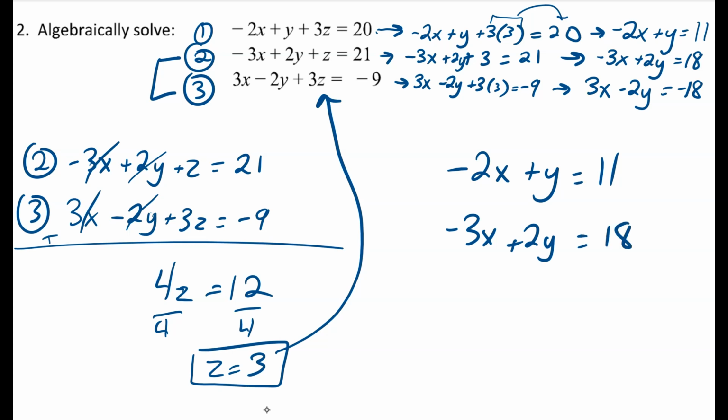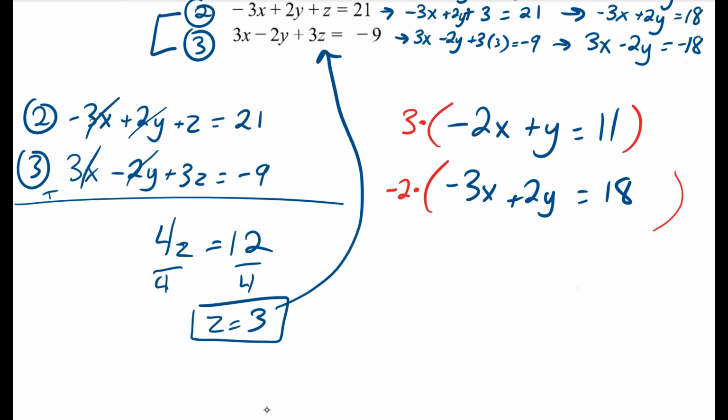Alright, so as I'm looking at this, I'll finish this one off just so you have an idea of what your answer should be. If I add these equations, nothing cancels yet, but let's say I'm trying to get my x's to cancel. If I had a negative 6x as a coefficient here, and then if I multiply the second equation by negative 2, I'd have a positive 6x as a coefficient, and I would get those to cancel when I add them.